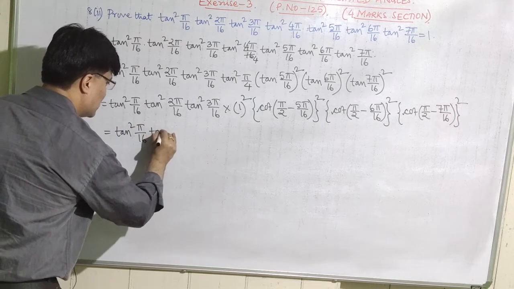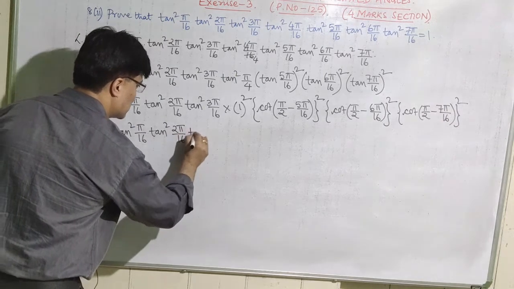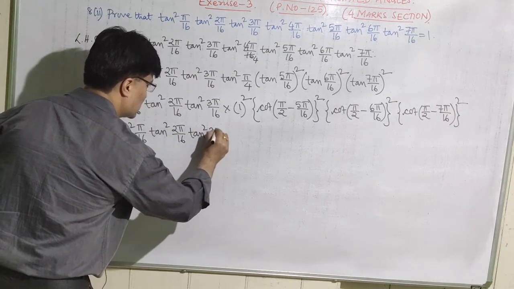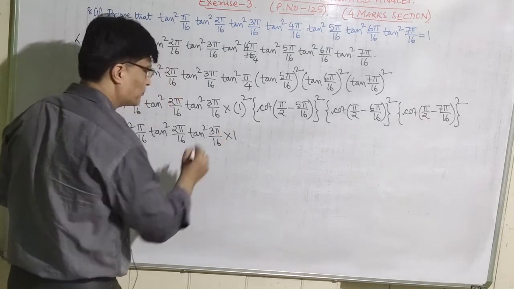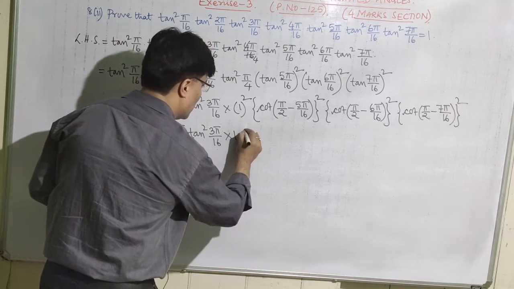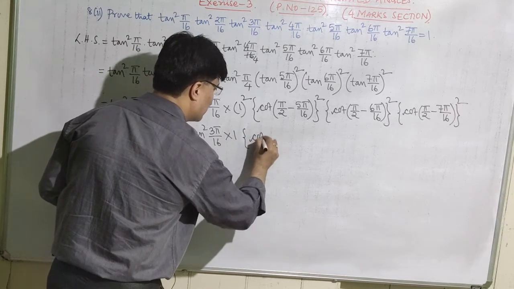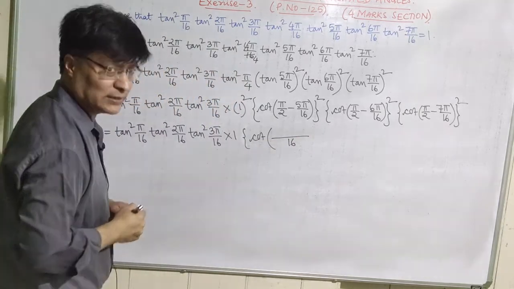Tan square pi by 16, tan square 2 pi by 16. This is tan square 3 pi by 16, 1 whole square is 1. Now within bracket or within second bracket here we have cot. What's the LCM? LCM is 16, isn't it?